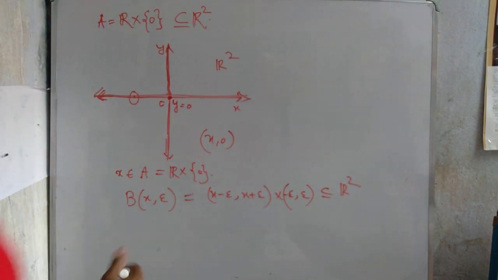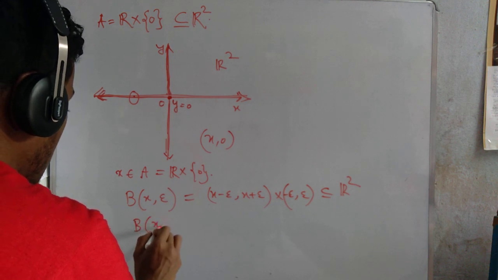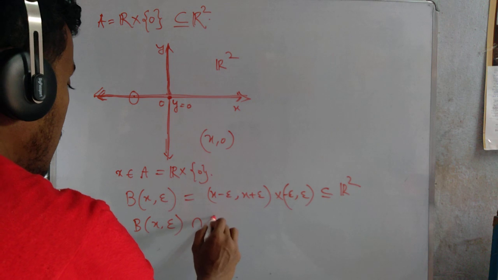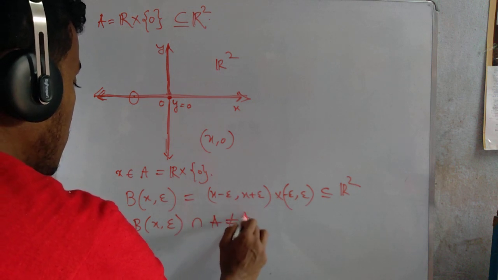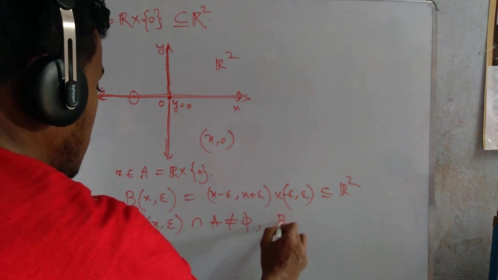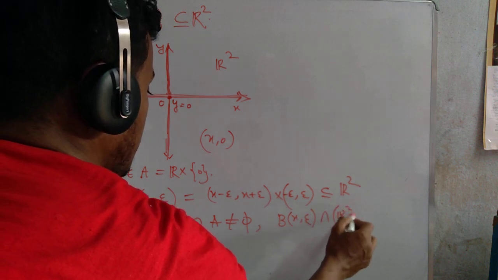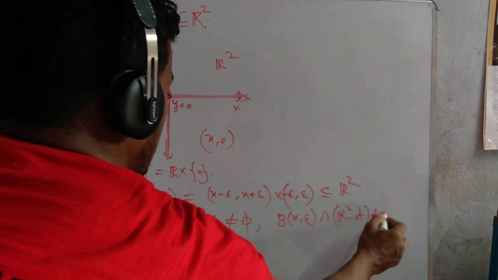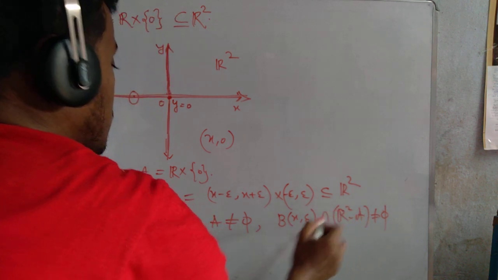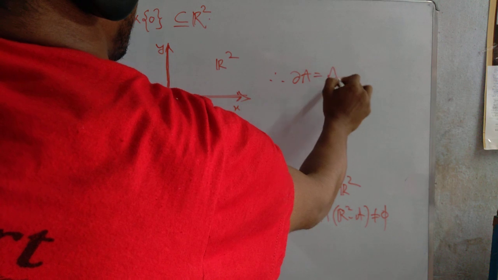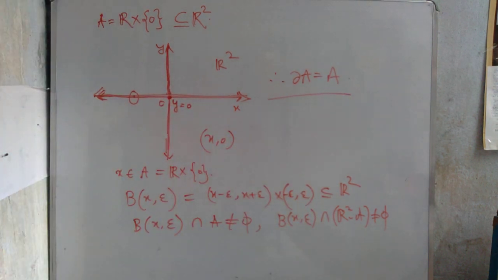And this B(x, epsilon) intersection A is not equal to phi, and obviously B(x, epsilon) intersection R squared difference A is not equal to phi. So del A equals A, that means the boundary of the set equals A.